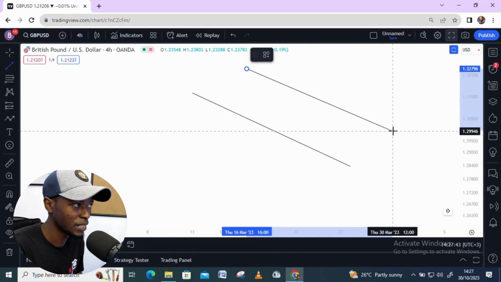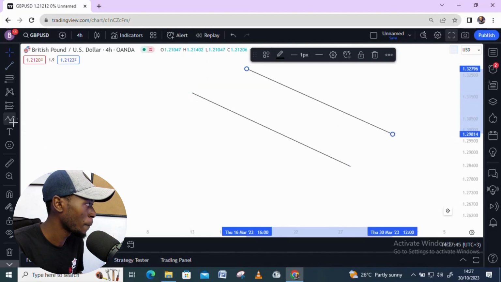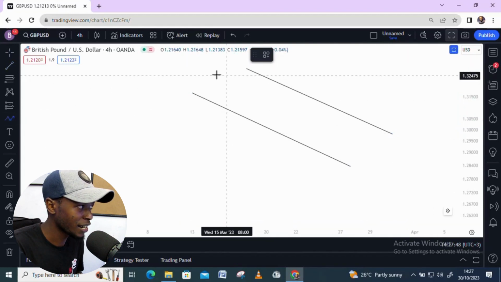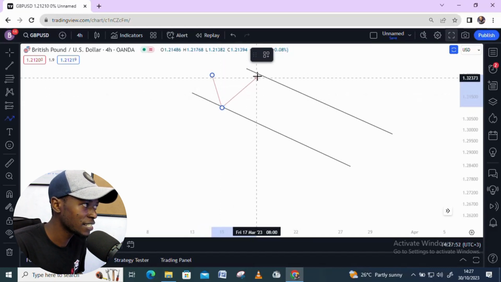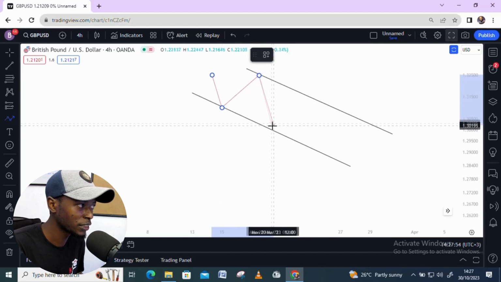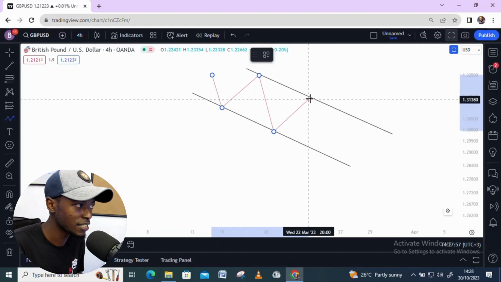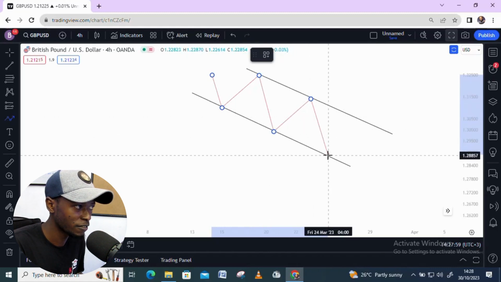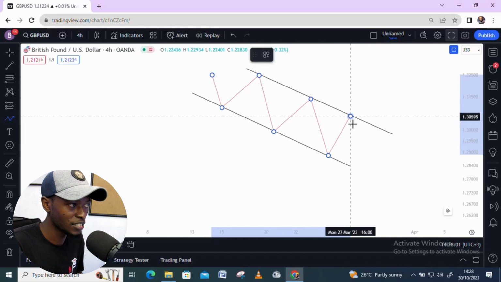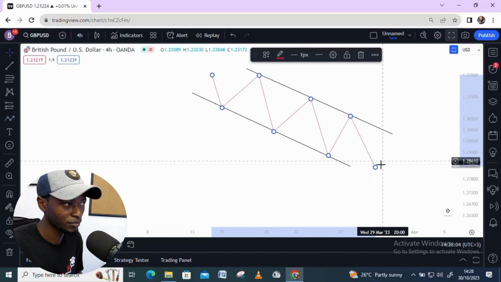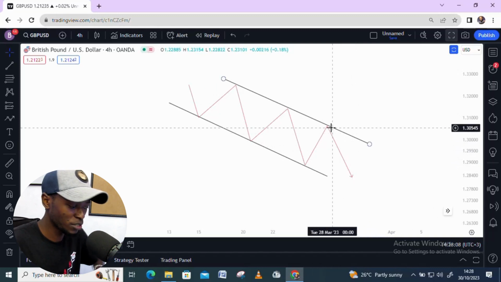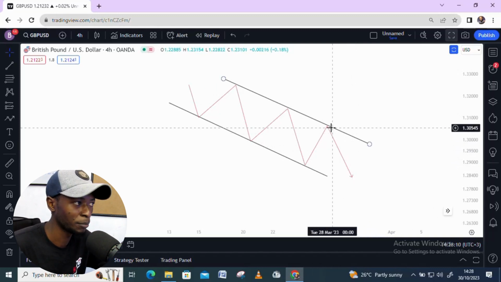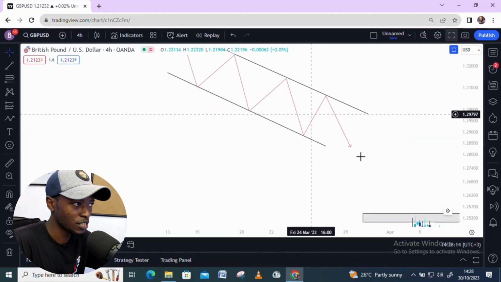For example, these are trend lines. Price comes, finds support, finds resistance, finds support, finds resistance, and so on. These are trend lines. Trend lines, simply put, are diagonal support and resistances.